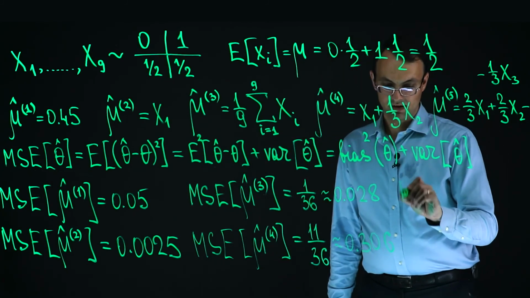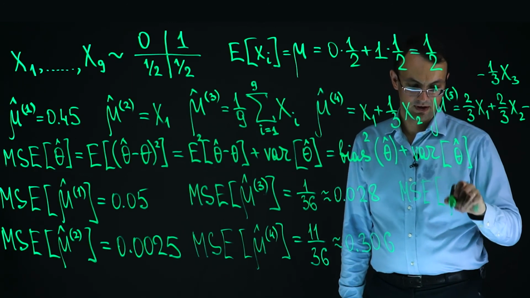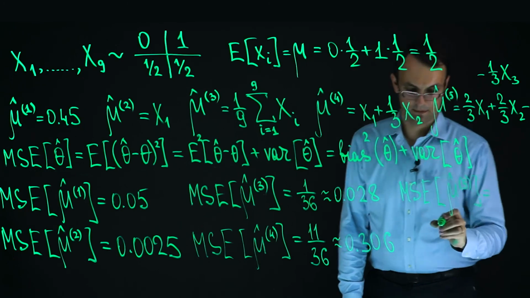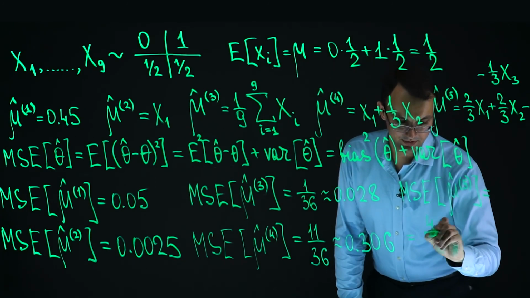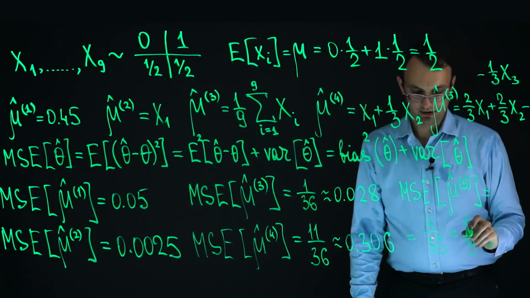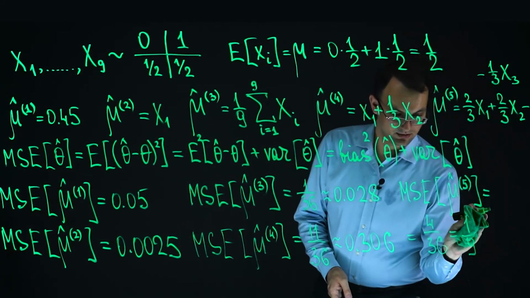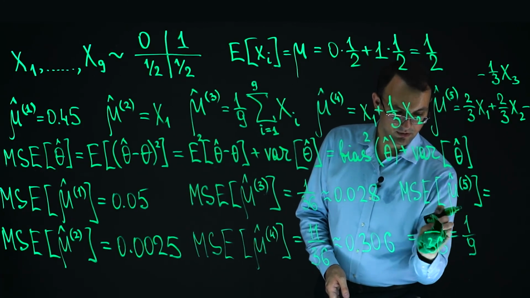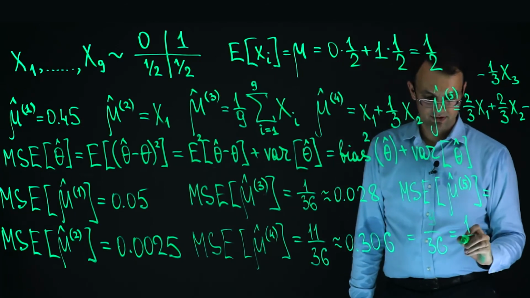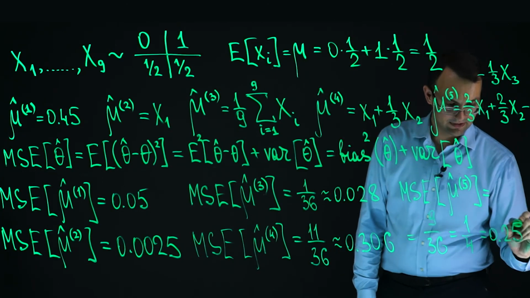And the MSE of mu5 hat is 5/36, approximately 0.139.